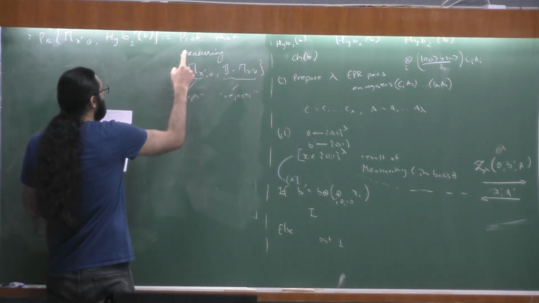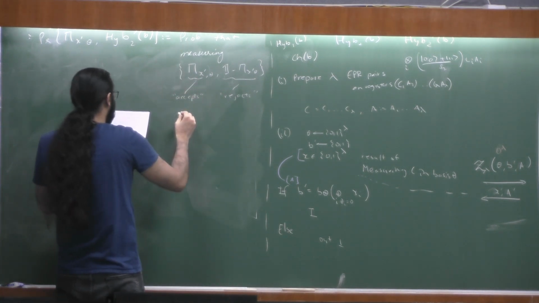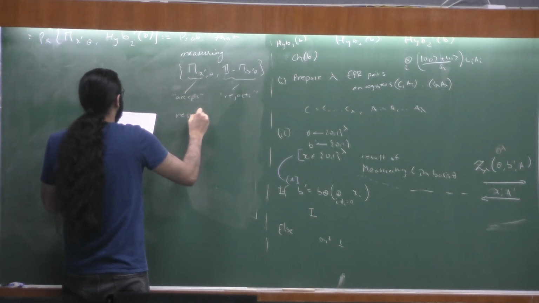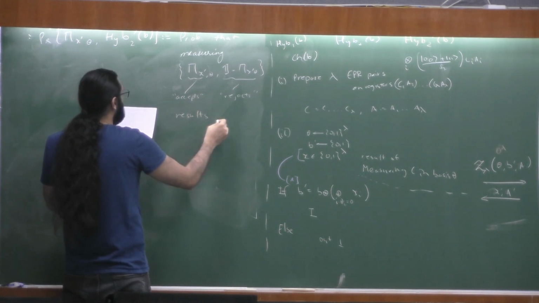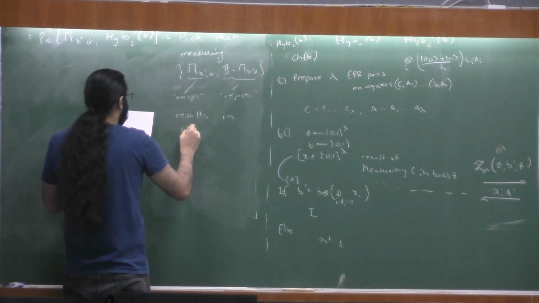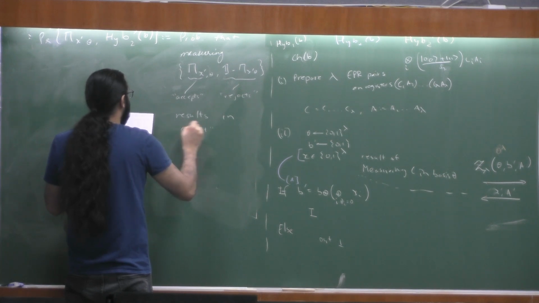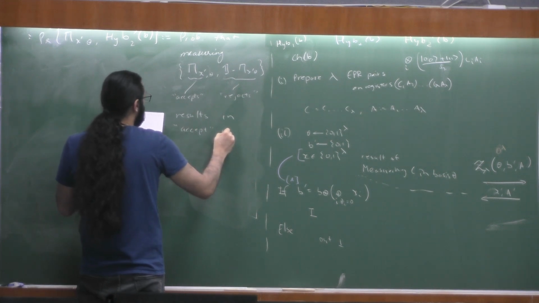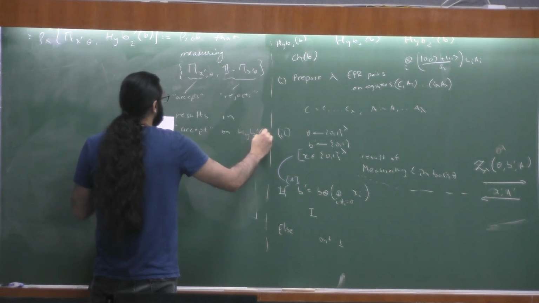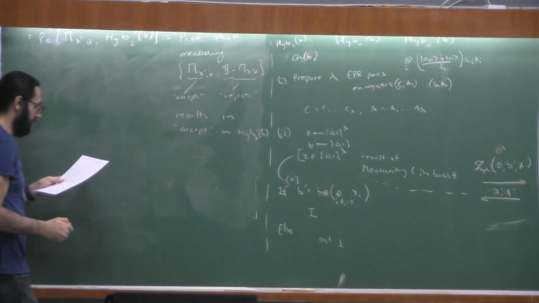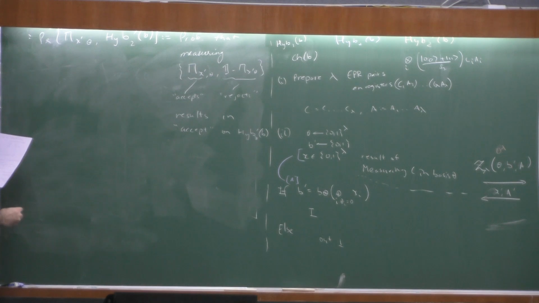So the probability that you measure this on the output of hybrid 2 prime results in accept. Okay, good.